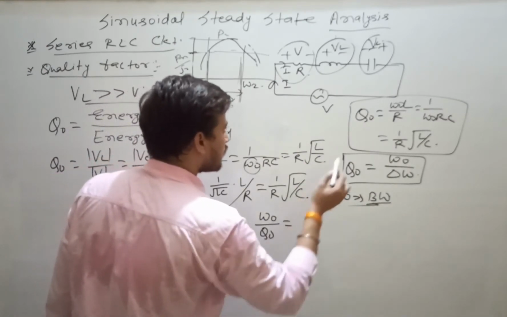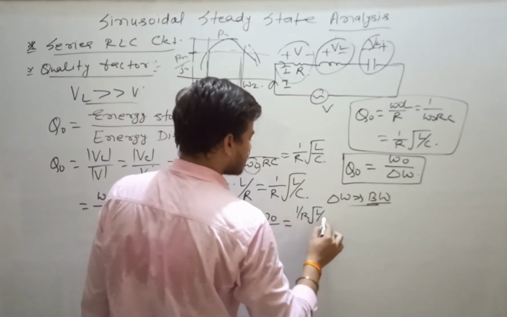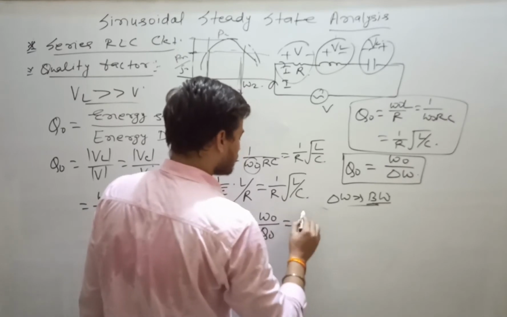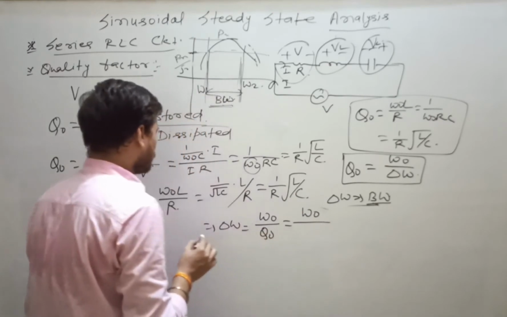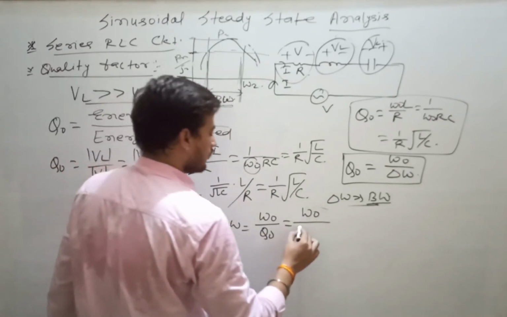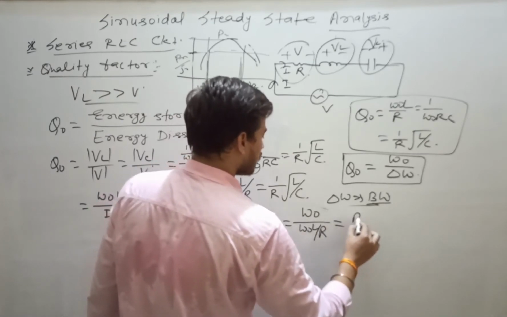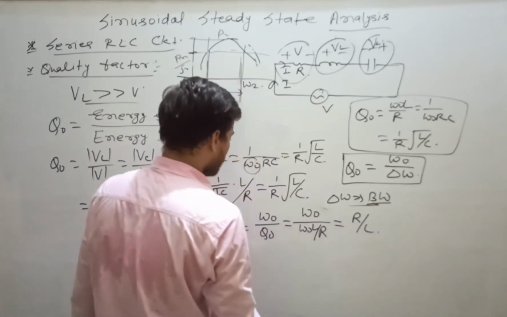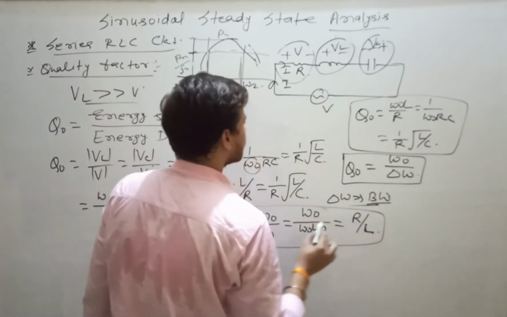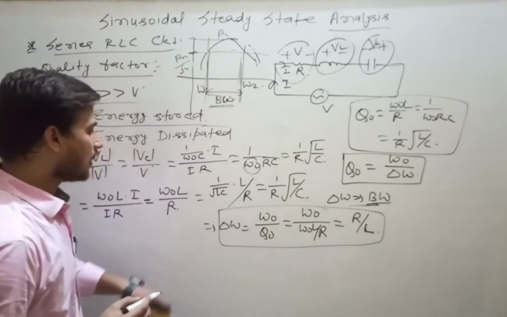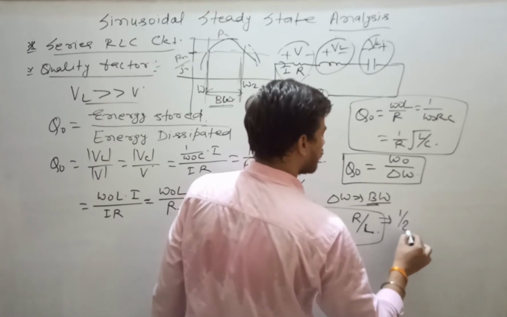For Q naught you write omega naught L upon R. So from here you will get bandwidth equal to R by L. Bandwidth of a series RLC circuit is R by L, which is nothing but the reverse of the time constant of the RL circuit.